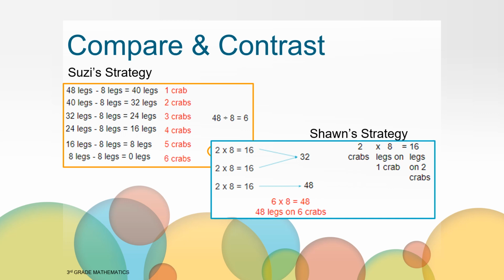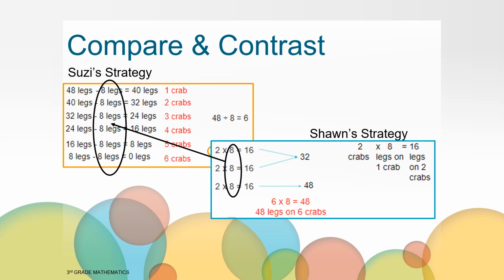Take a look at these 2 strategies. What do you notice about them that are the same? What's different? Well, I noticed that they both knew that crabs have 8 legs.